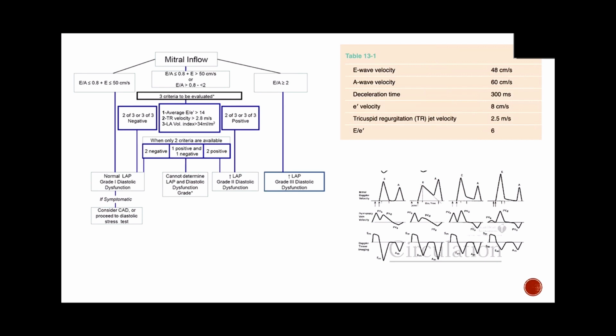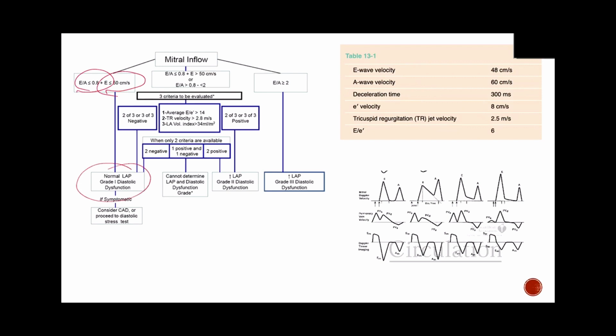So it's plugging it into this algorithm, all right? So this is a patient who has technically indeterminate diastolic dysfunction. It looks like it's probably grade 1 diastolic dysfunction. Your E to A is here. Your E wave is less than 50, right? So you kind of fall into this grade 1 diastolic dysfunction pattern here.